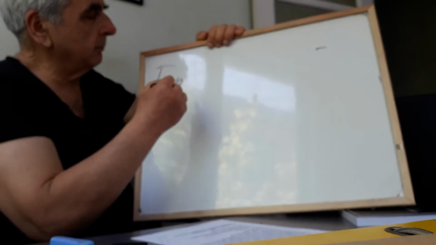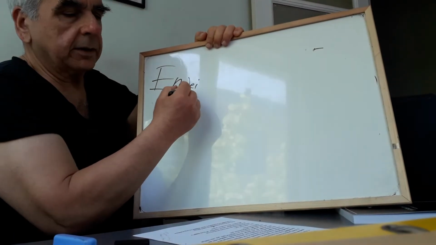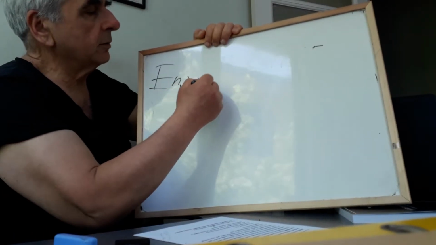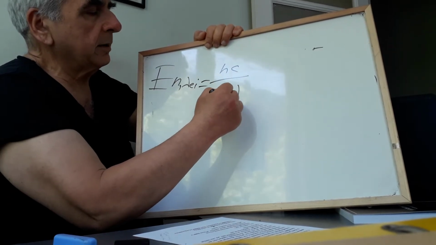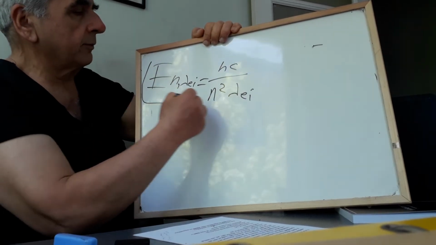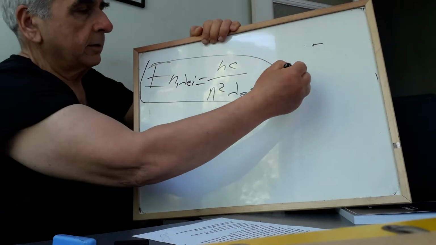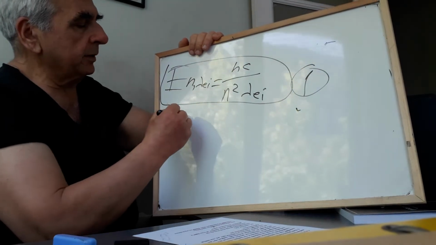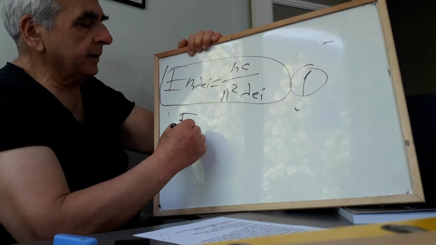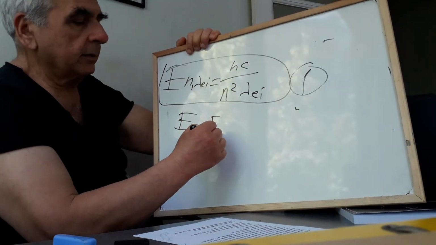En lambda EI equal to HC divided by n square lambda EI. Don't forget this one. Okay, then remember ENS minus ENG.